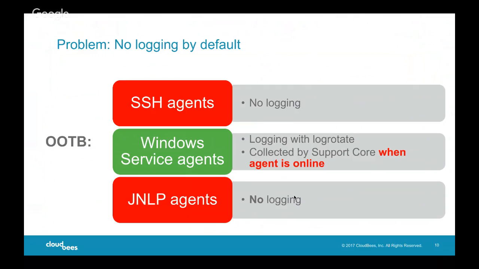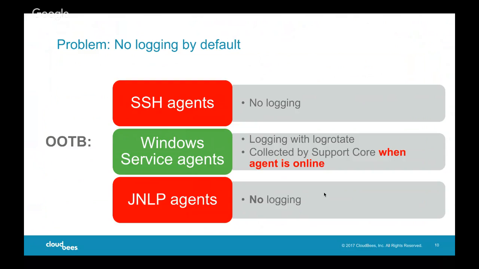By default, common agent types do not perform logging. For example, if you launch an SSH agent, you won't see logging on the disk. You will see it only in standard output, which has been forwarded to the master side. So if the connection breaks, you won't see any logs on the disk by default.